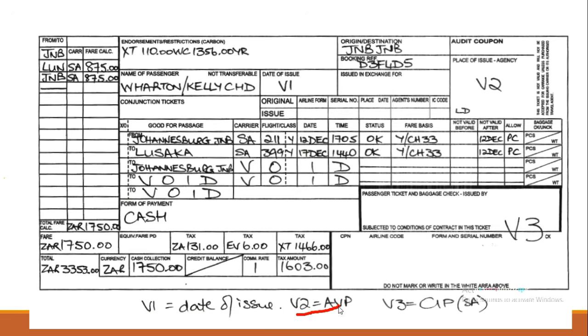Then here V2, the agency validation plate, or the place of issue. So usually they will tell you something like you work for Zama Zama Travels in Johannesburg, so you will write AVP, then Zama Zama Travels Johannesburg.